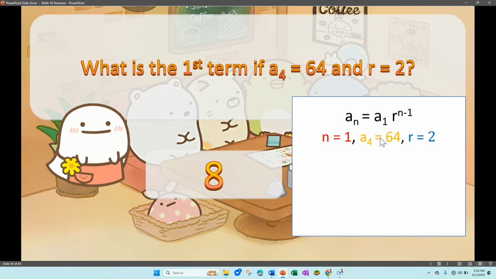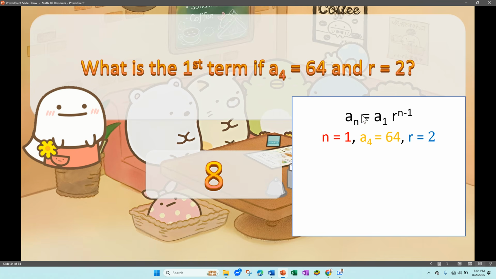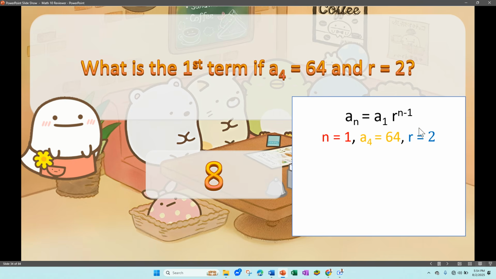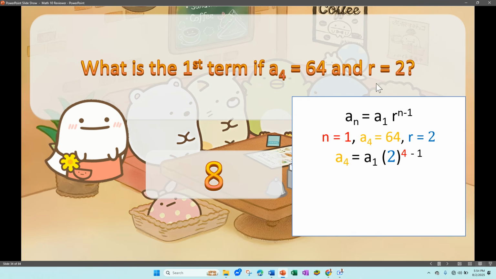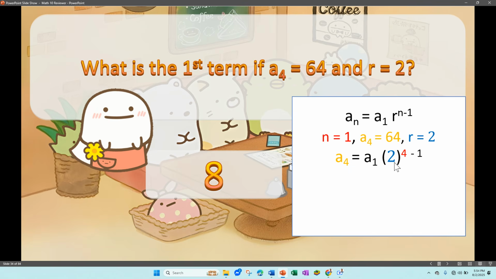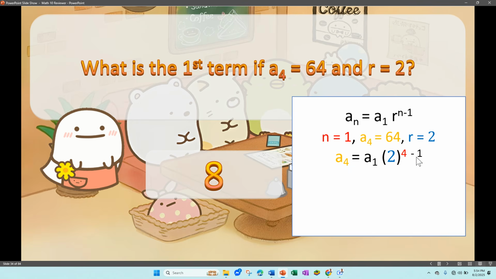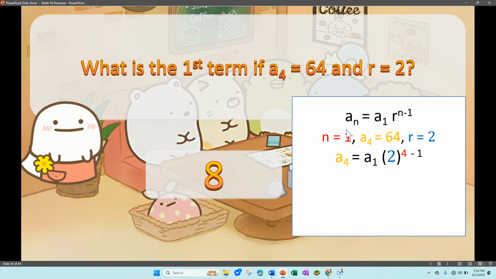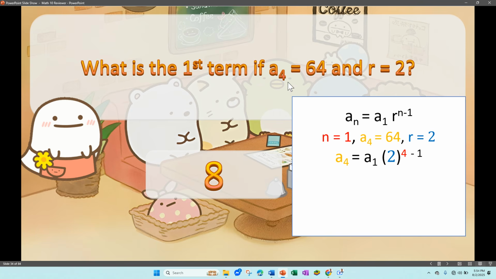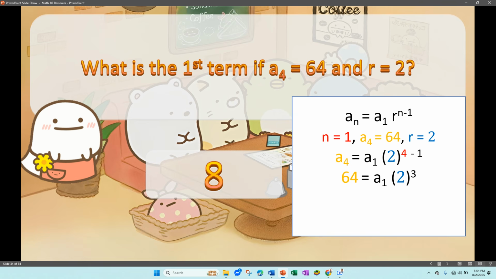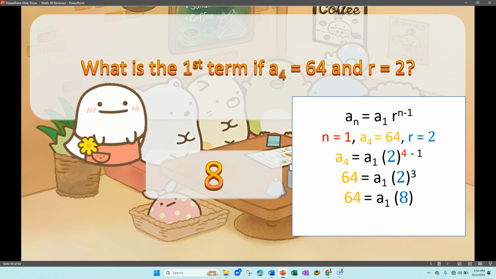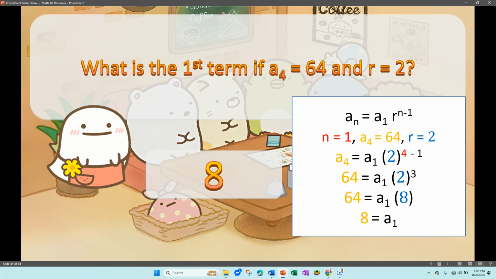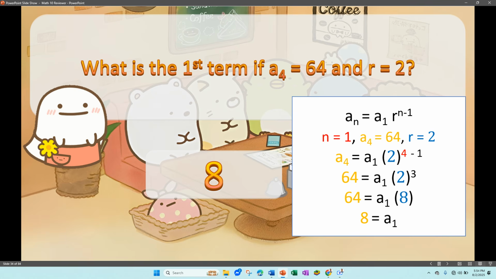A sub 4 is 64, and our common ratio is 2. By the way, n here is 4 because it is the last term. Then we substitute. A sub 4 is equal to a sub 1 times 2 to the power of 4 minus 1. Again, n is 4 since it is the last term. Then do the exponent. 2 raised to 3 is 8. Then divide both sides by 8 to get 8. And that is our first term.